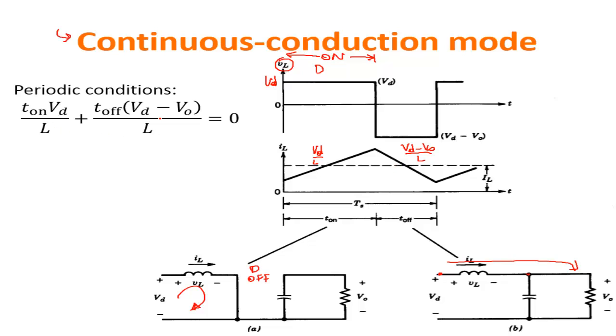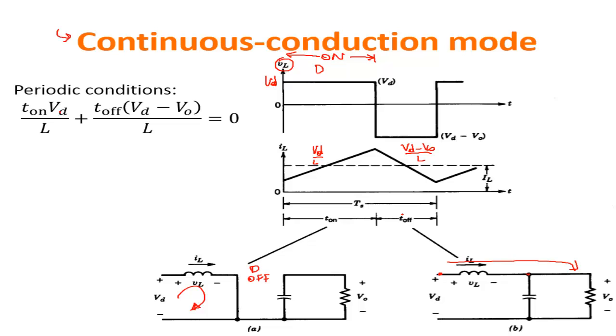So Vd over L, this is the slope, times T on, and then the other slope, (Vd minus Vo) over L times T off. They must be equal. T on plus T off is the switching period, and by playing with that expression you can obtain the output voltage as a function of the input voltage and the duty cycle.